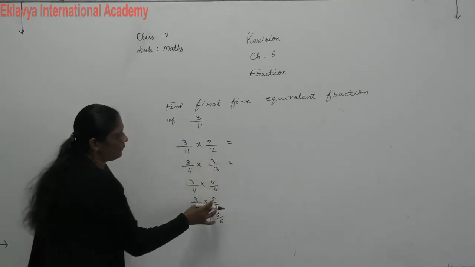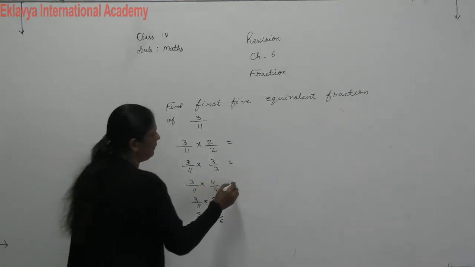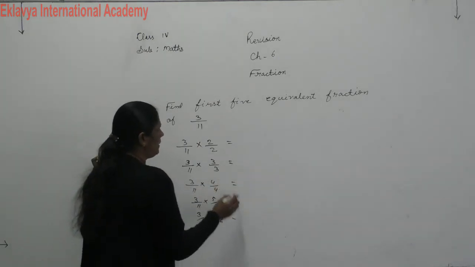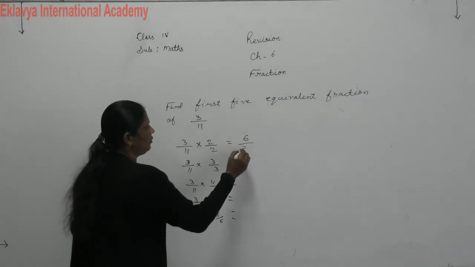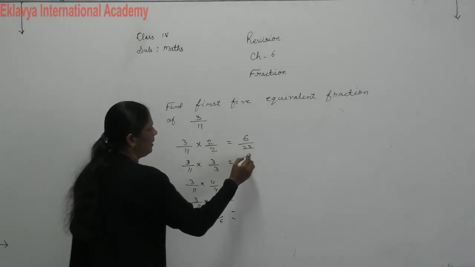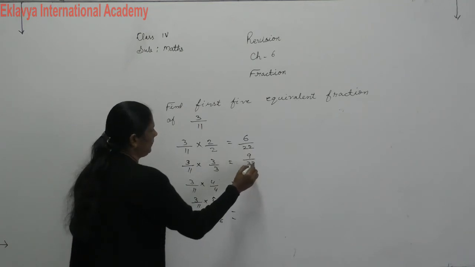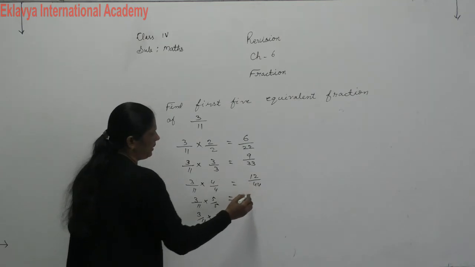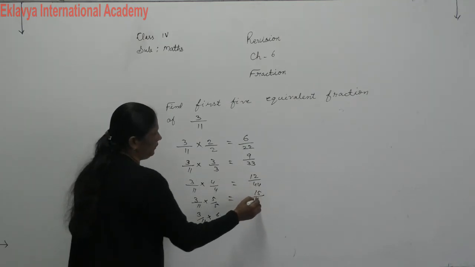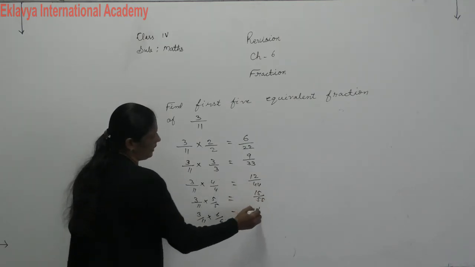That is 1, 2, 3, 4, 5. Then we multiply: 3 twos are 6, then 22. Here 9 by 33, here 12 by 44, here 15 by 55, here 18 by 66.